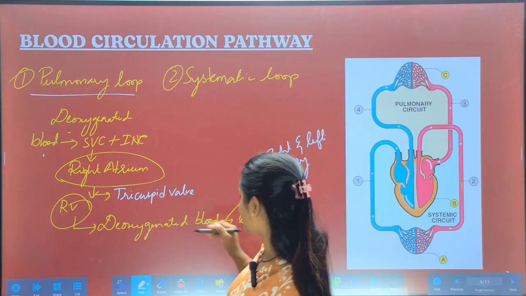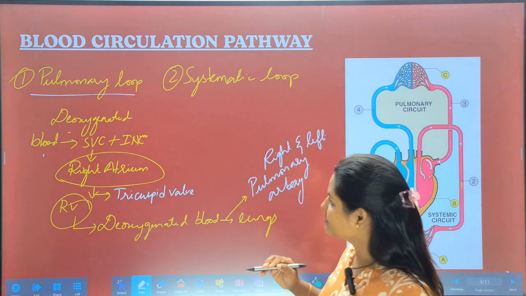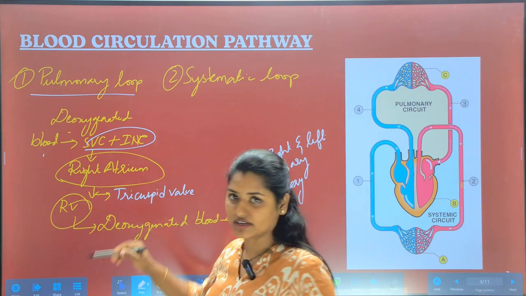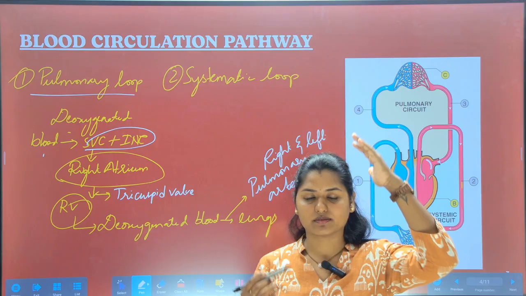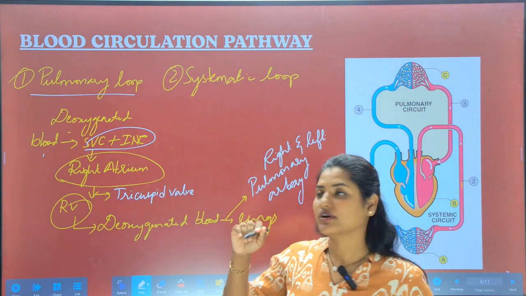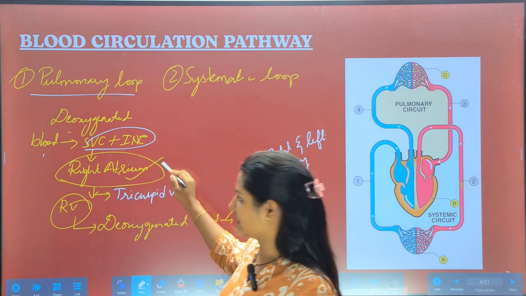And the inferior vena cava collects blood from the bottom part. Then it transfers the blood to the right atrium. From the bottom it comes through the inferior vena cava, and from the top through the superior vena cava, and it is released to the right atrium.